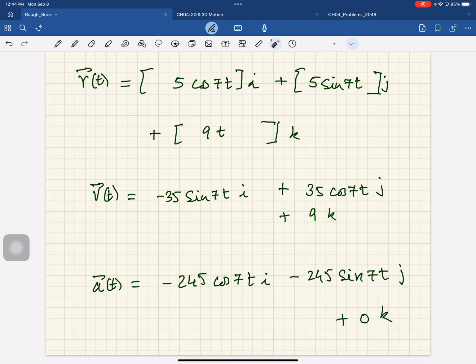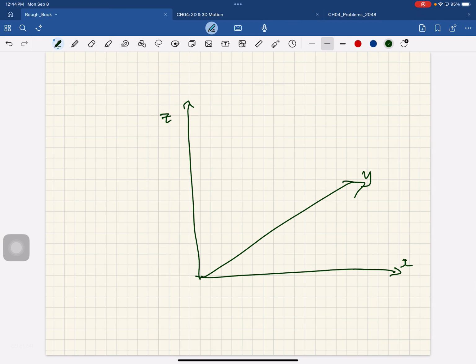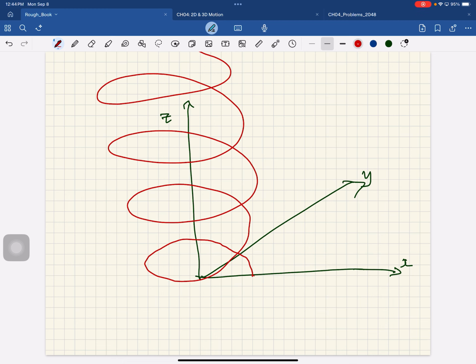Don't worry about it if you don't understand all the details. I'm just showing you the trajectory, here's what it's doing. There's how the object is going.